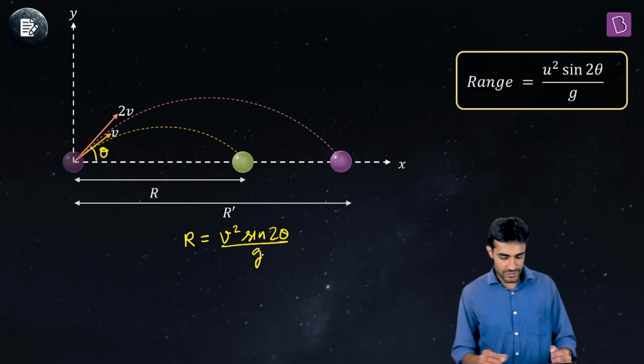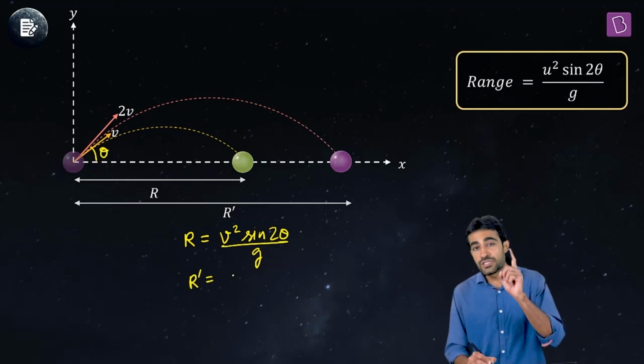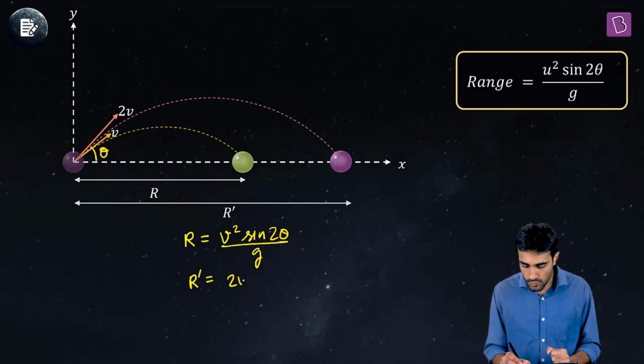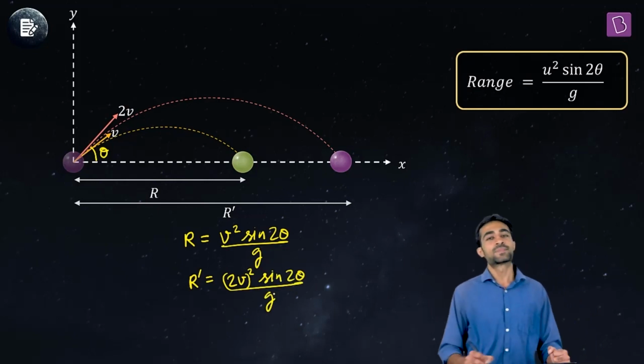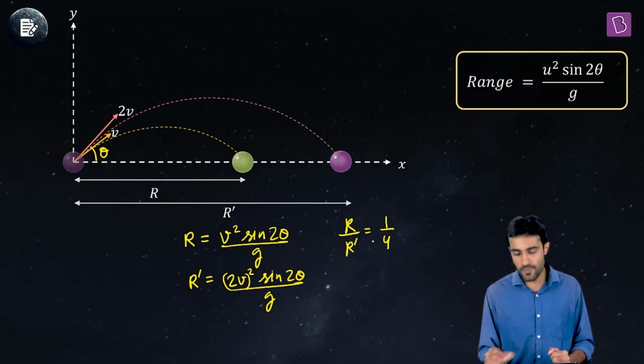How to find r dash? Well, r dash will be, now the initial velocity is 2v. So let me write 2v whole square. And then we have sine 2 theta divided by g. From these two equations, we get r by r dash as 1 by 4.